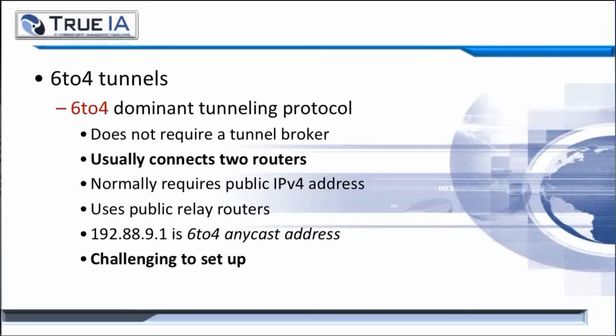Also, they use a specific IPv4 address, which is 192.88.99.1, that is identified as the 6-to-4 unicast address. So it's easier to explain, however, it can be challenging to set up.